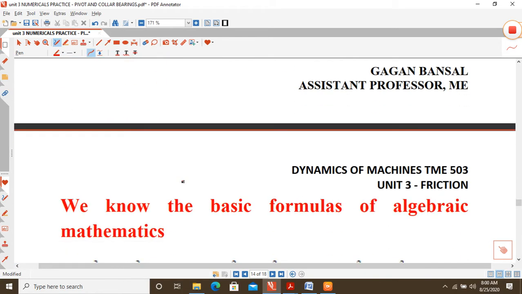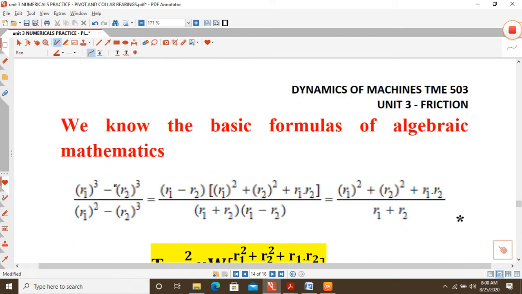So what we did is, we know that R1 cube minus R2 cube is (R1 minus R2) into (R1 square plus R2 square plus R1 R2). This is the basic algebraic formula. Also we know that R1 square minus R2 square, this is not cube, this is square, is the formula for A square minus B square, that is (A plus B)(A minus B), that is (R1 plus R2)(R1 minus R2).